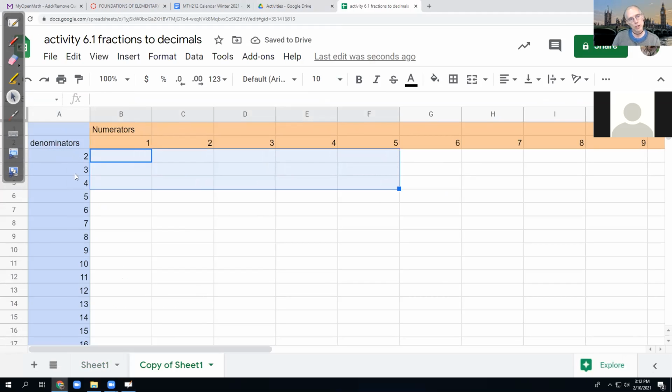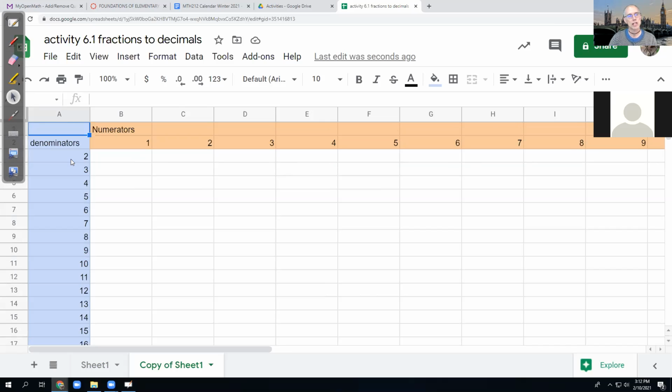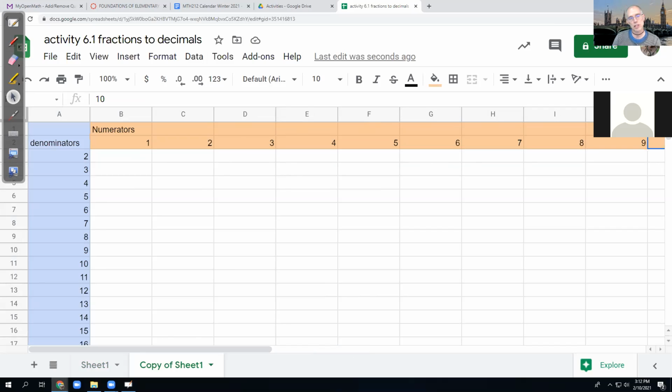So the goal here was I wanted to have the denominators 2 through 32. There's my denominators. And then some numerators. I don't need 1 through 32 for numerators. What did I go up to here? I went up to 10. That's fine. If you wanted to go farther for numerators, that's cool. You can. But for sure, we needed those denominators.